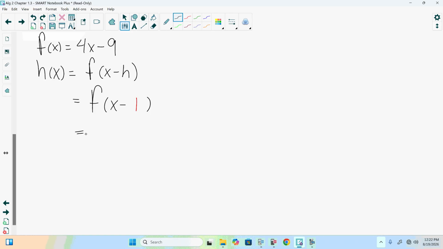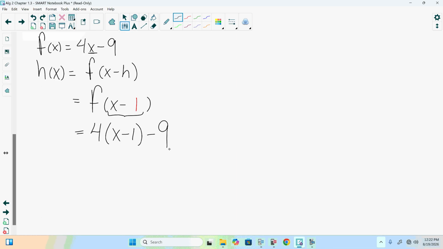So, as we can see here, we don't have f of x anymore. We have f of x minus 1, which means I need to go to the original problem and replace this x with x minus 1. Telling us we have 4 times x minus 1 minus 9. So really the only thing we're doing is just replacing the x with x minus 1. And it really doesn't matter what the function is.